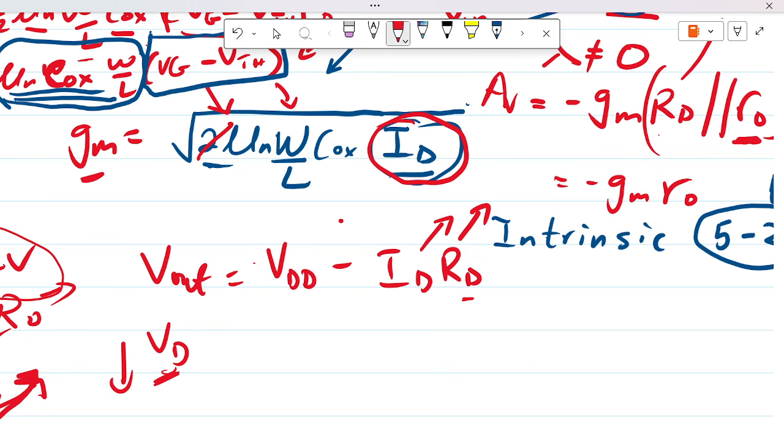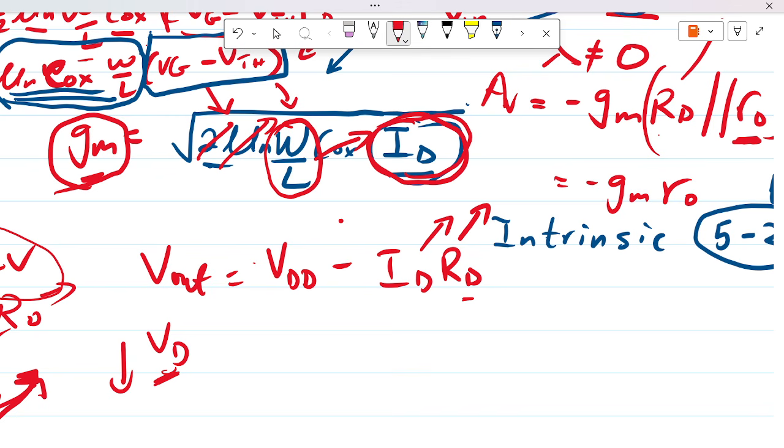But 2 is a constant, I can't do anything about that, I just proved it. The mobility is also a constant, I can't touch it, and this is also something I can't touch. But what about this? Remember, we said with most devices the designer has control over this, so that means we could get more GM and more gain by not touching the ID. That's the beauty of using MOS devices, and that is interesting.